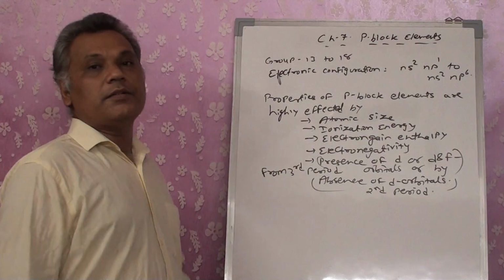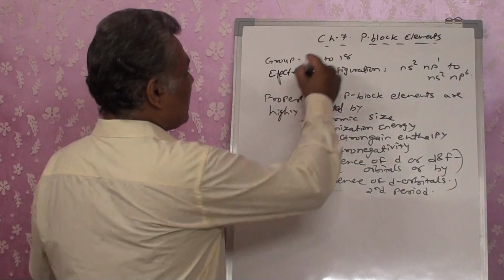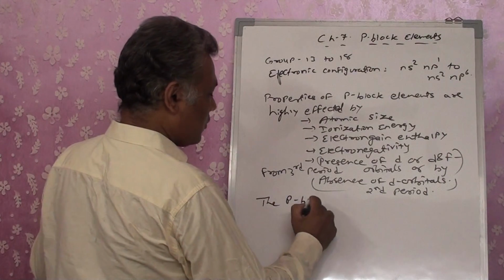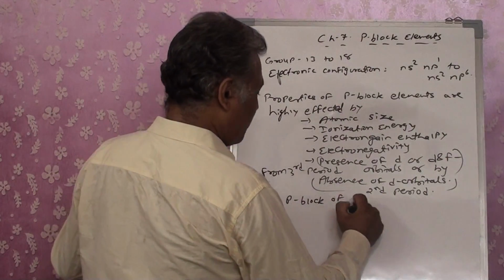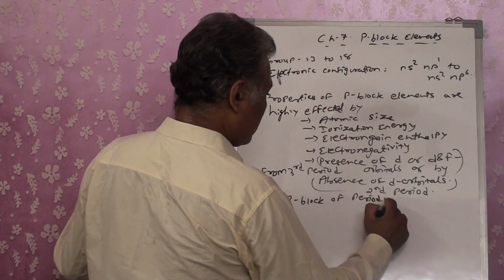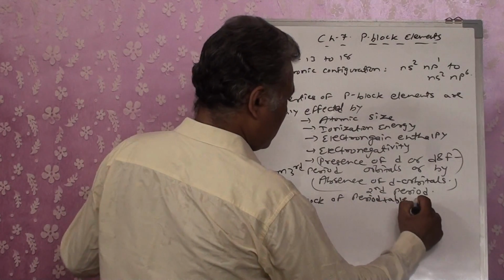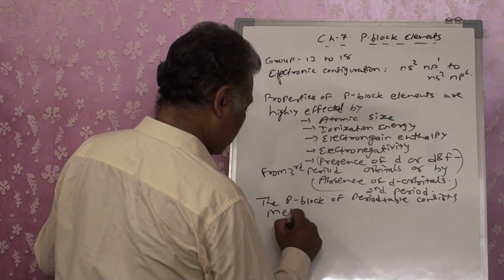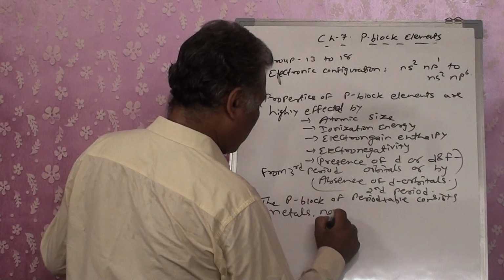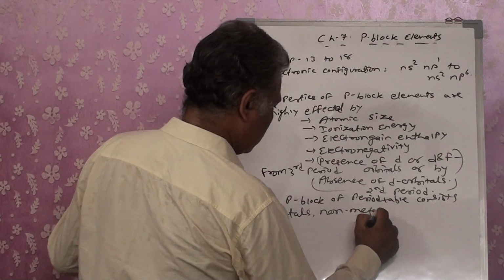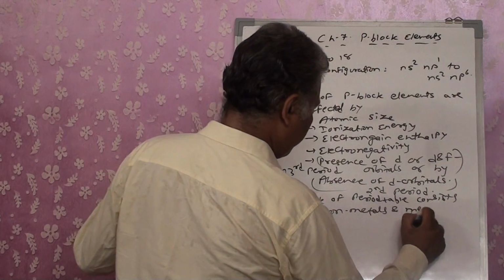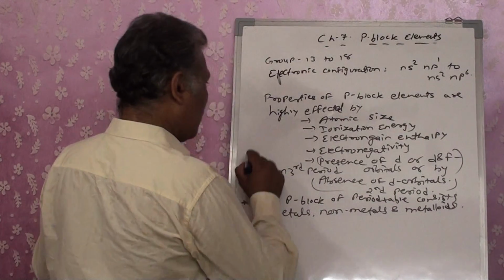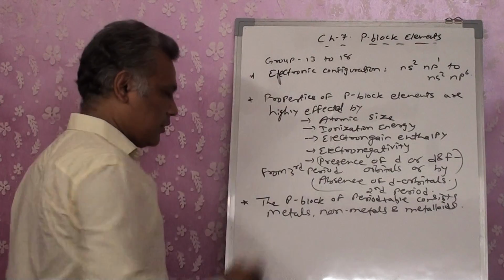Another factor is that the P block of the periodic table consists of metals, non-metals and metalloids. All the factors are going to be present in it.